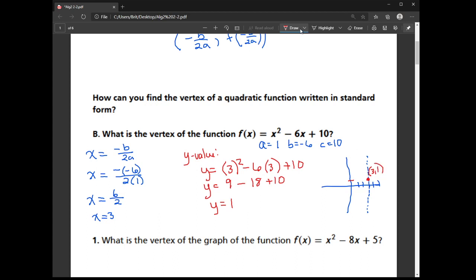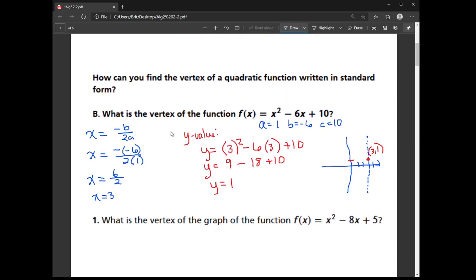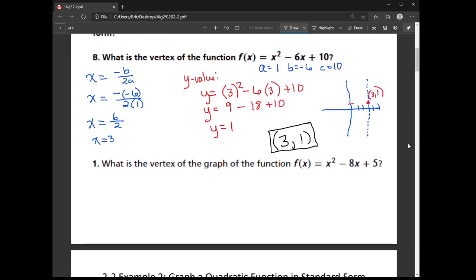To answer this question, it's asking you what the vertex is. This is asking you for an ordered pair. So I would say 3, 1. Now beware, guys, when you type into Savvas, it'll count it wrong if you don't put a space after the comma. They're a little picky about that.